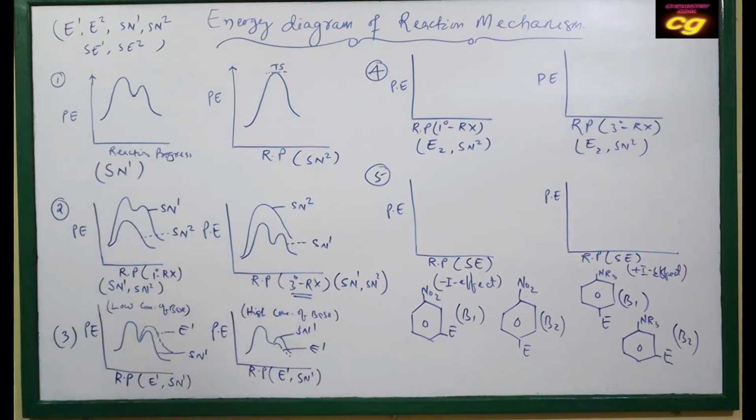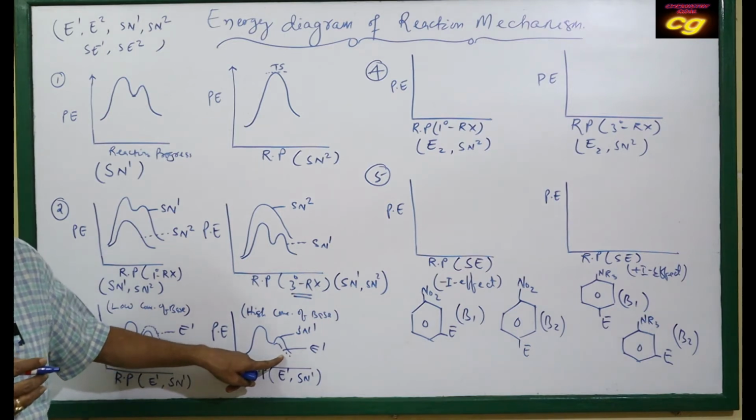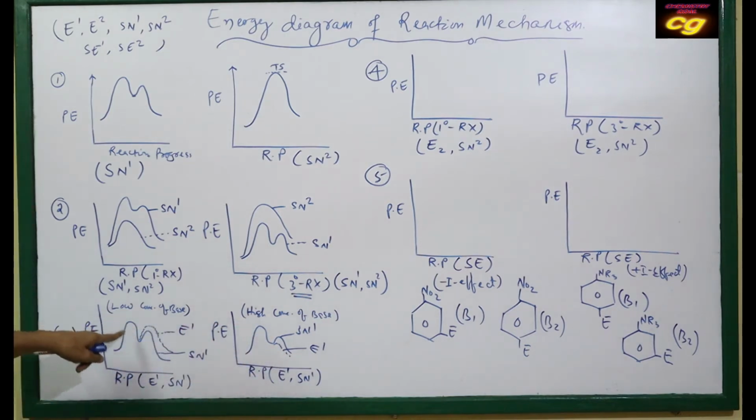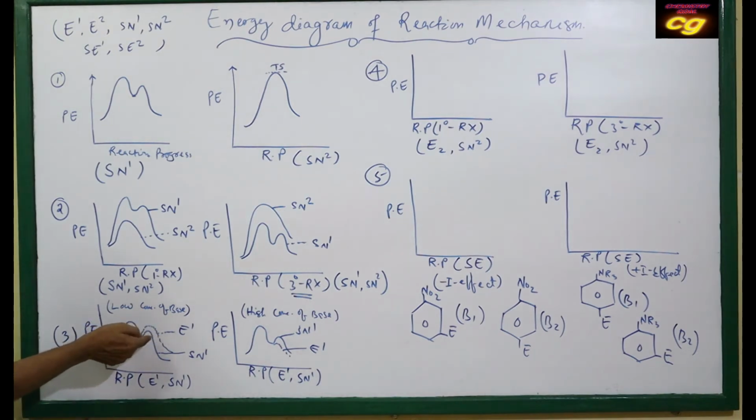This is the difference. At higher concentration E1 has lower energy and is faster, and at lower concentration SN1 is faster. Lower energy means faster, higher energy means slower. So you see E1 is higher energy, so it is a slow reaction for this mechanism.